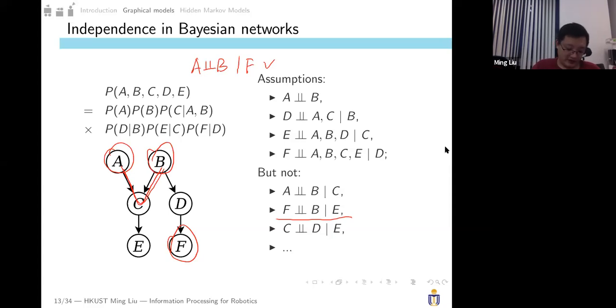Looking at a different example like this one, given E, what is the relation between A and B?